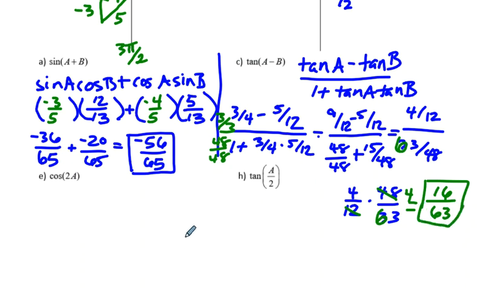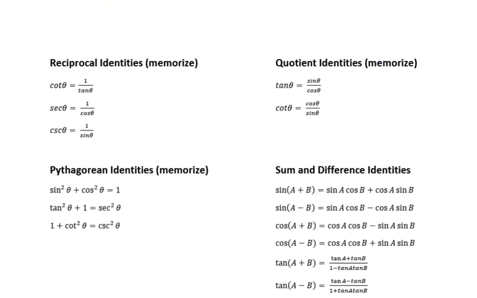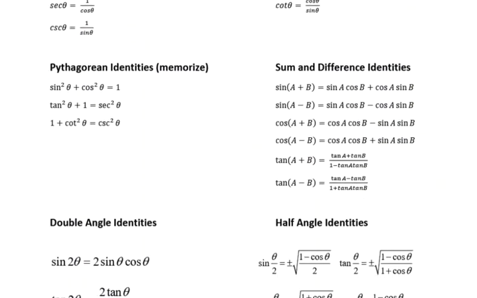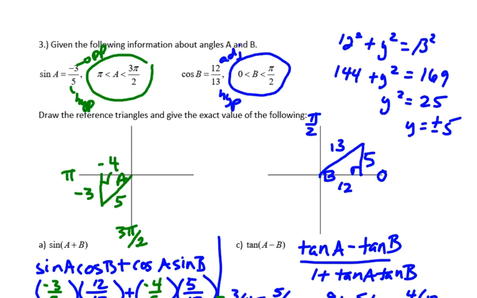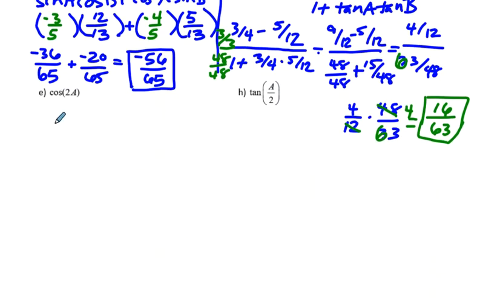Okay. Alright, cosine 2a, you actually have a bunch of choices. Let's take a look real quick. So cosine 2a, you could use any of these formulas. I'm just going to go with the first one, cos squared theta minus sine squared theta. So let's see, cos squared a minus sine squared a. So that means we're actually going to square the cosine, and we're going to square the sine.